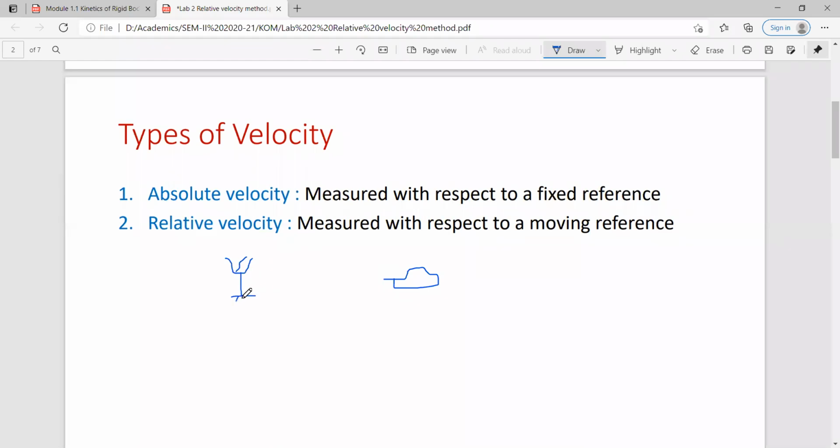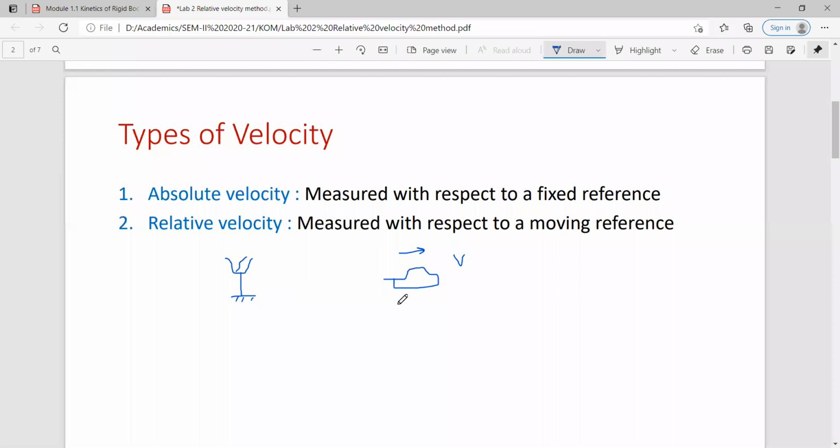This car is moving with some velocity. Suppose you want to measure the velocity of this car. You will choose some reference to measure its distance in the given time. For example, I will take this tree, which is standing on the ground.